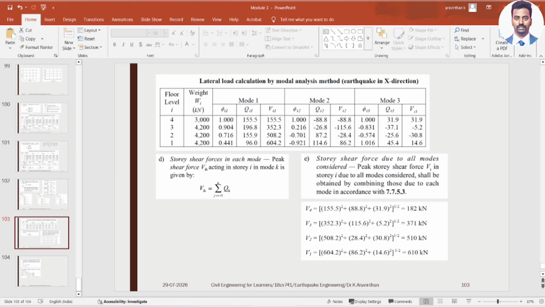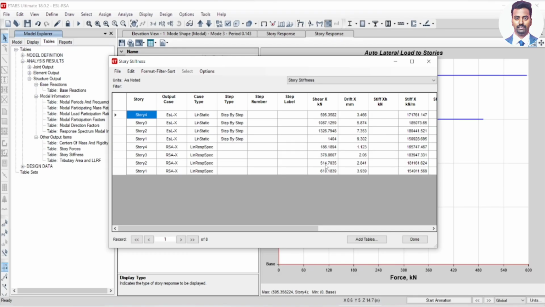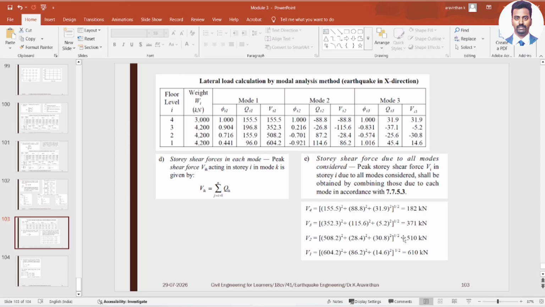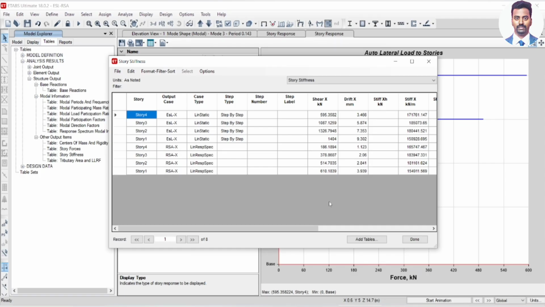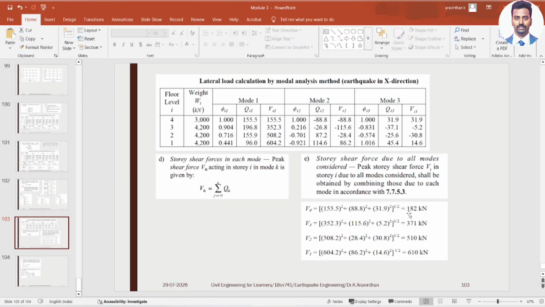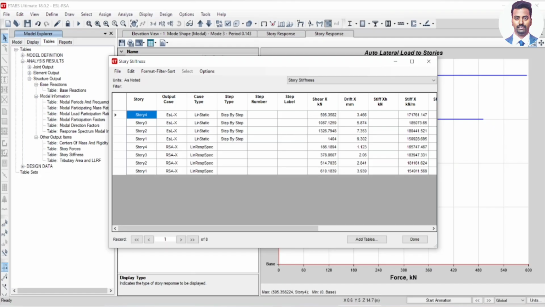Next is 510. 514 is the value we got from ETABS, and 371, 378. This value I have told, there is a slight change, 182 in V4 and 186. So this slight change is due to the assumptions.